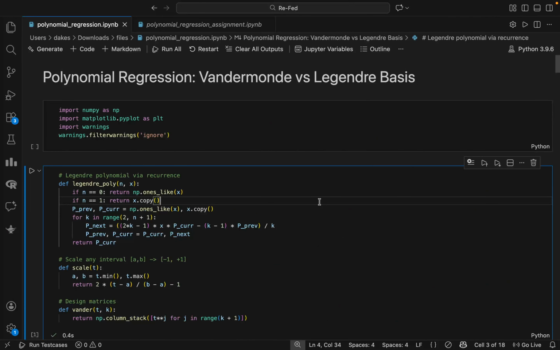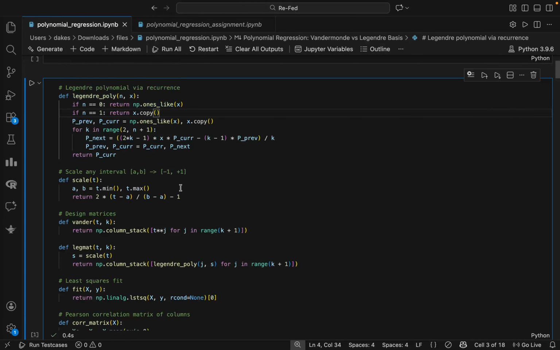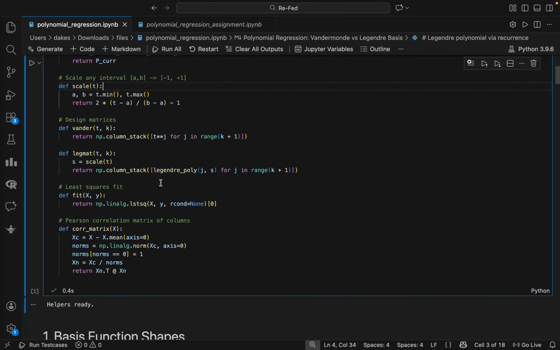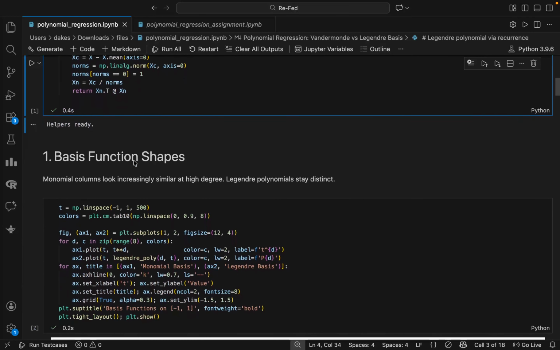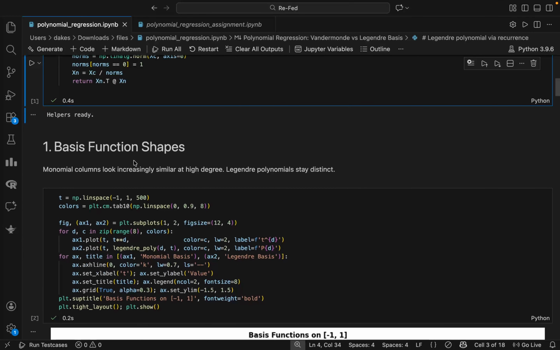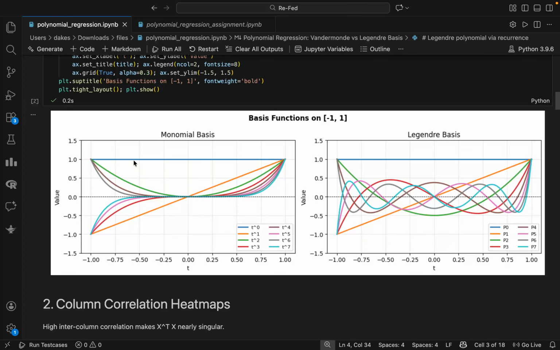The first plot shows the basis functions of the Legendre polynomials scaled from -1 to 1, and a least squares fit function. Here we are comparing the shapes of both sets of basis functions. On the left is the monomial basis.